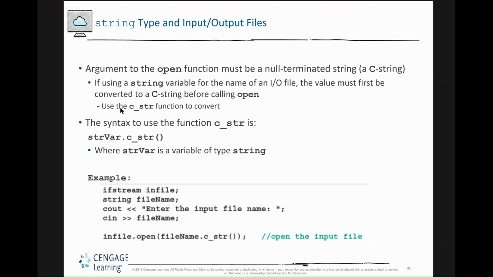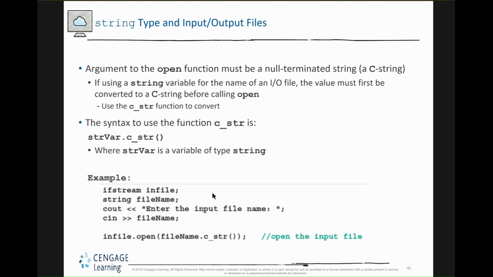So you would use the c_str function to convert it. The syntax to use the function c_str is str_var.c_str(), with your parentheses. str_var is the variable that you're using for your string variable.